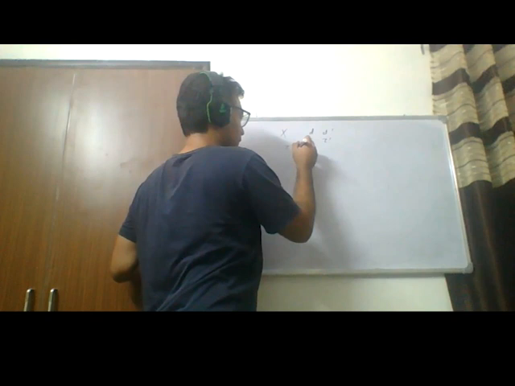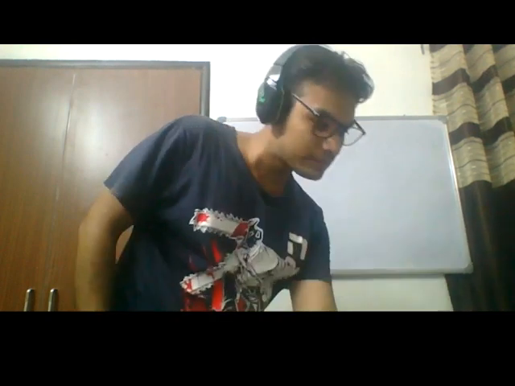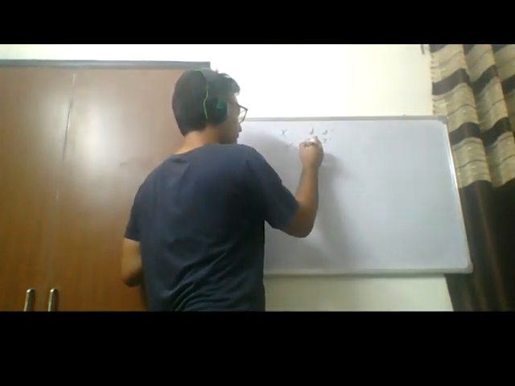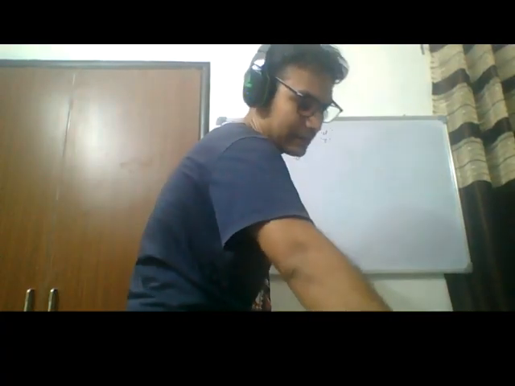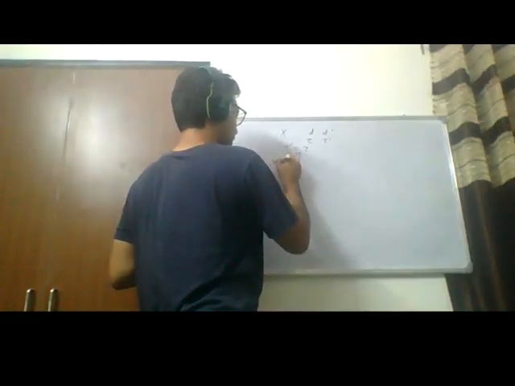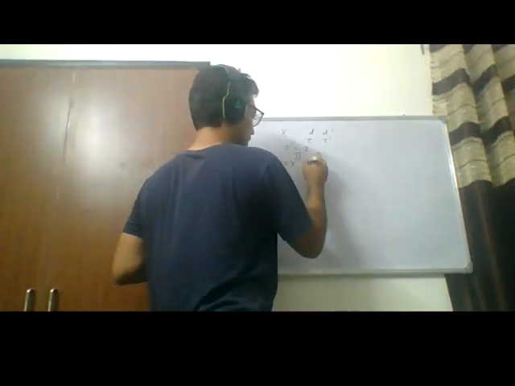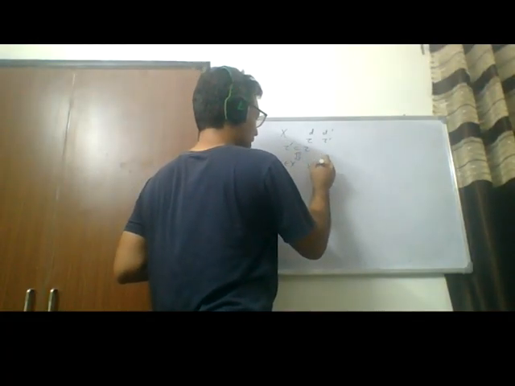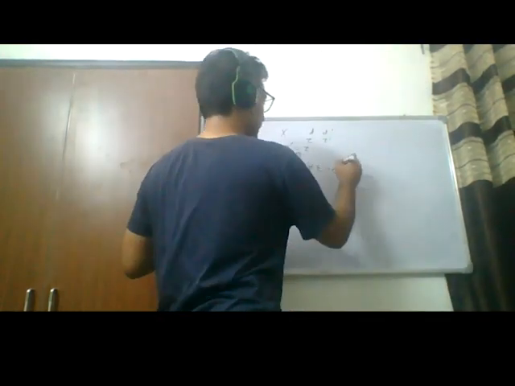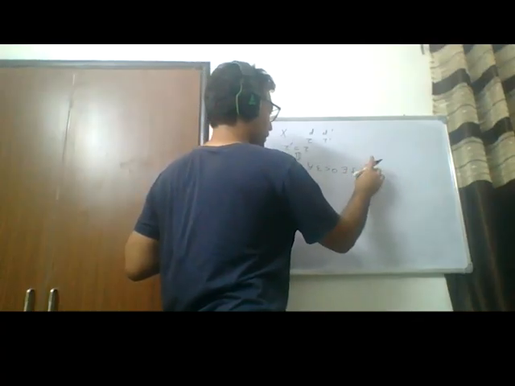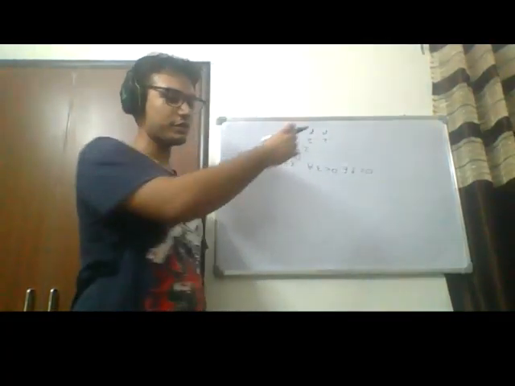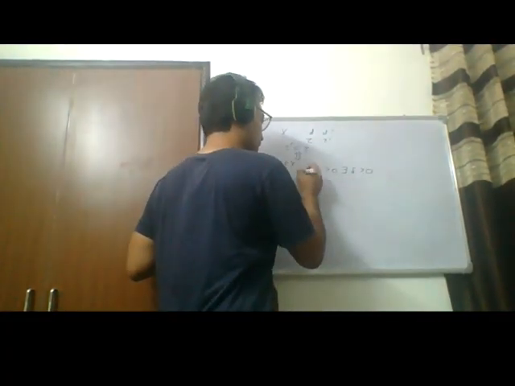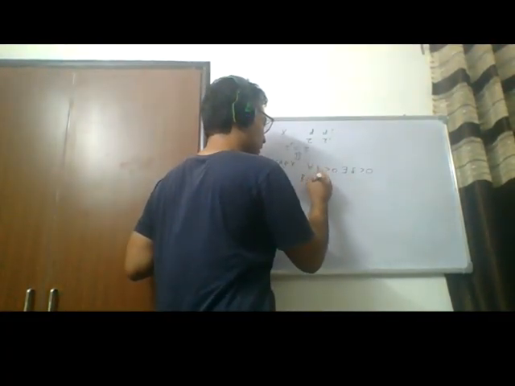Tau prime is finer than tau if and only if, for all x and for all epsilon greater than 0, it's similar to the epsilon-delta definition, but for topologies, there exists B of delta of x.